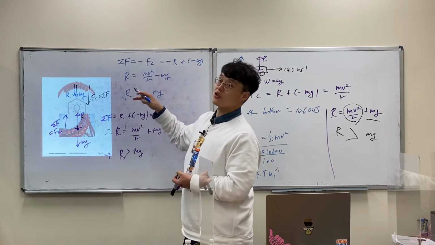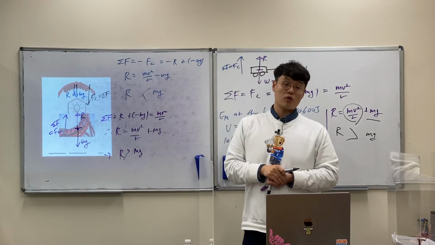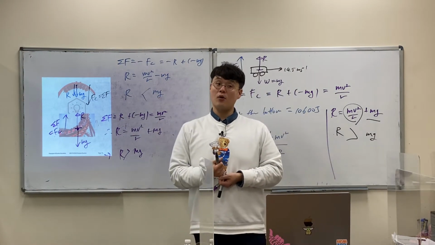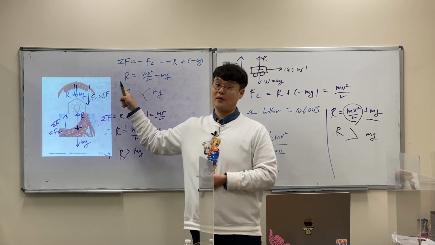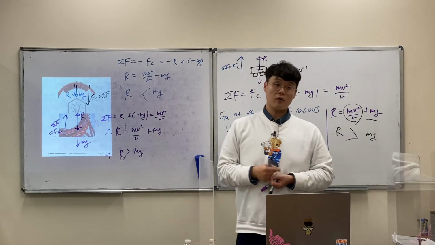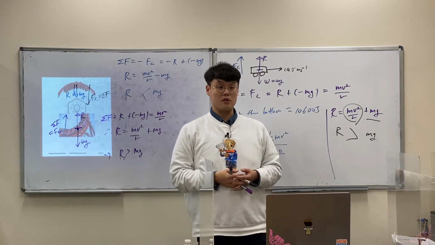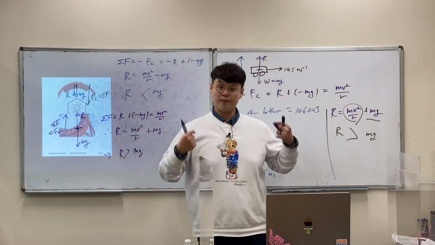But in the general case, mg will be greater. So do you think you will feel lighter or heavier in that situation when you're hanging? You'll feel lighter. As you feel lighter, you feel like you're going to continue falling off. This is why you need to wear the safety bar.